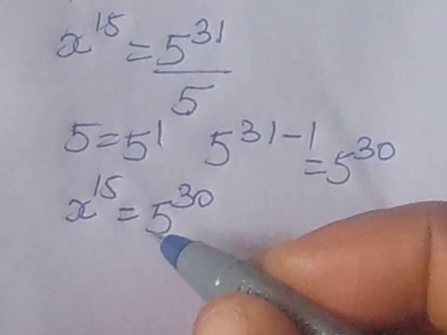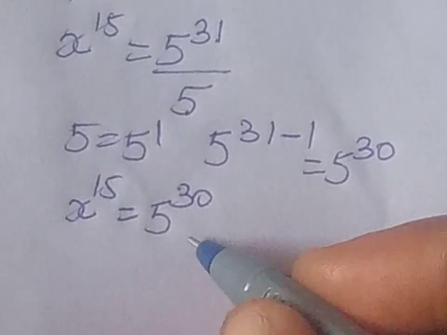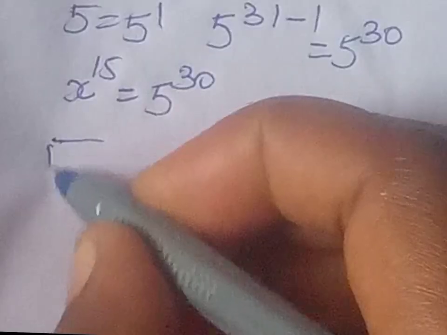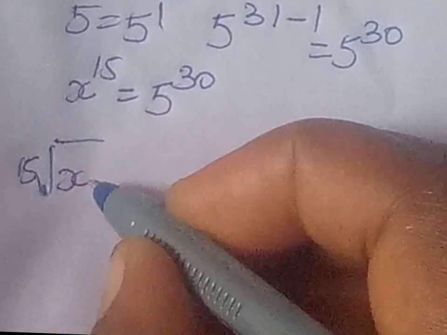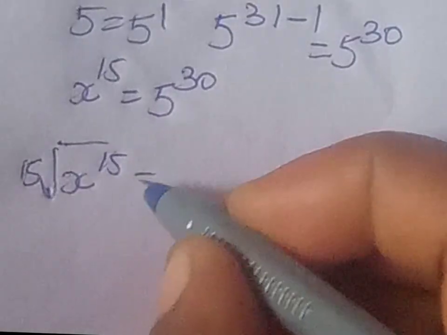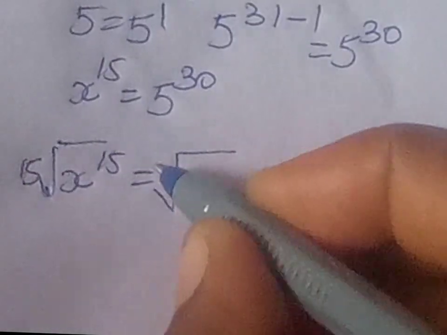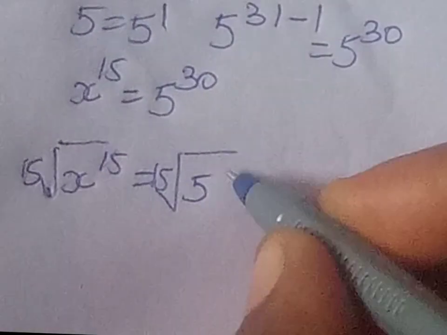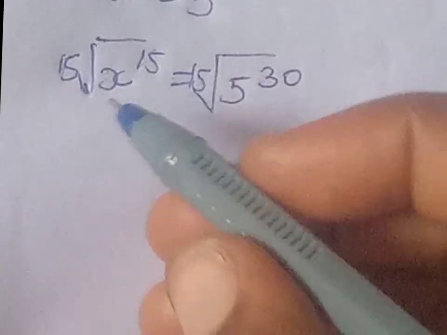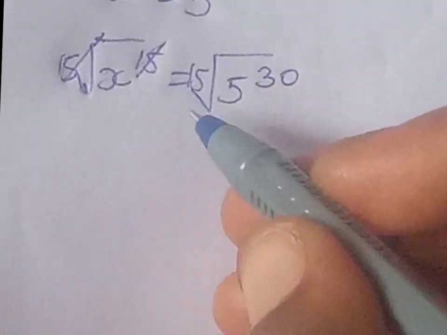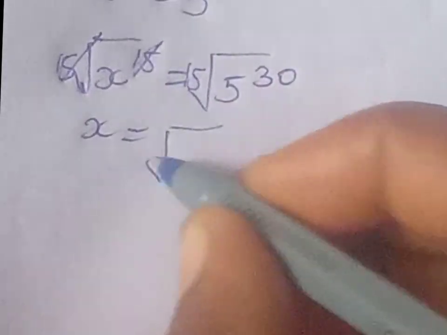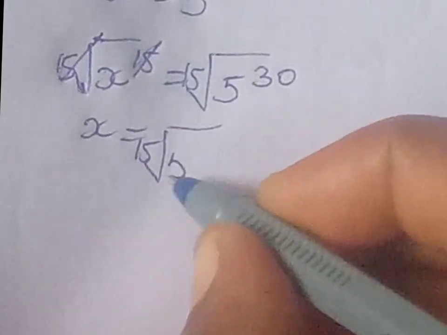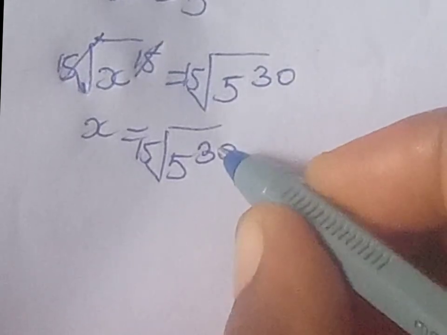Now let's take the 15th root of both sides, which will give us the 15th root of x raised to the power of 15 equals the 15th root of 5 raised to the power of 30. The 15th root cancels the power of 15, which will give us x equals the 15th root of 5 raised to the power of 30.